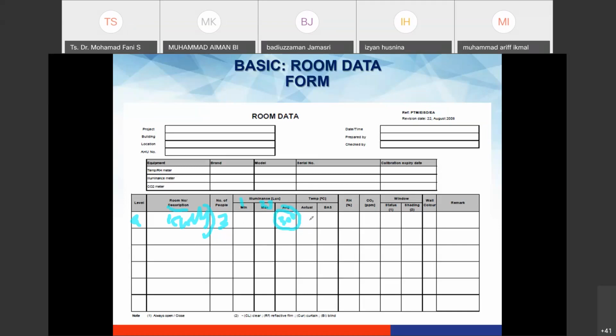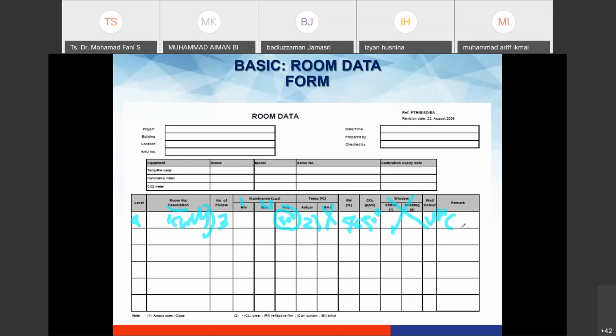So temperature, actual temperature. This one no need. Actual, so 23. Around humidity, for example, 76. CO2, 500. This one is not related. Color of wall, white, for example.